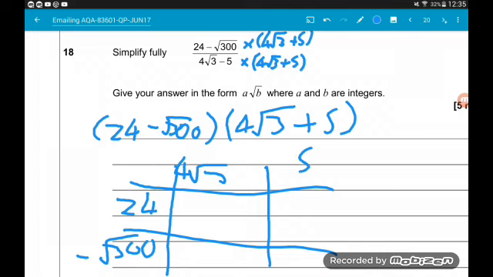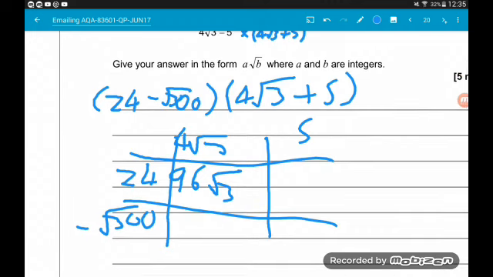Right then, 24 times 4√3. Well, 24 times 4 is 96. So we get 96√3 in there. Lovely. Then 24 times 5 is 120. Now we've got 4√3 times minus √300.